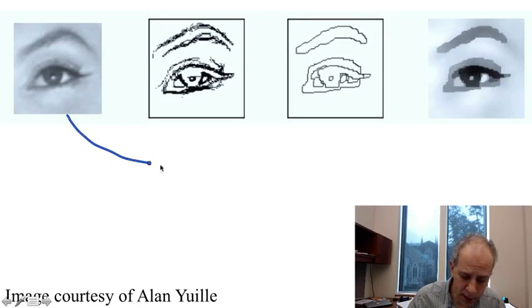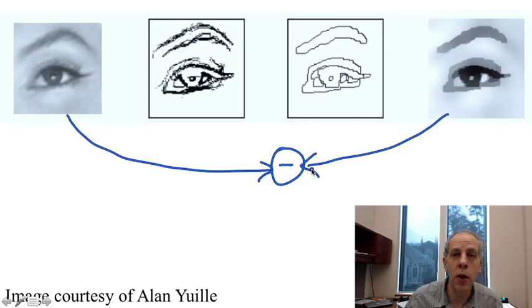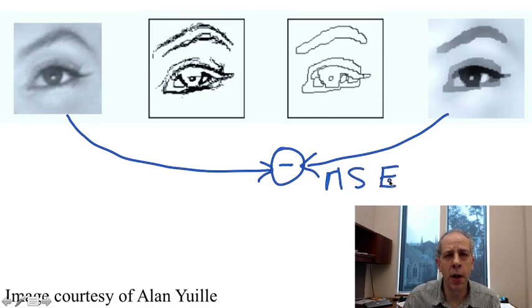So we have to somehow penalize for the difference between these two images. For example, the mean square error. We already talked about it very early on in this class. So one penalty is the mean square error. We want to get a piecewise smooth version of this image, but not very far from it.